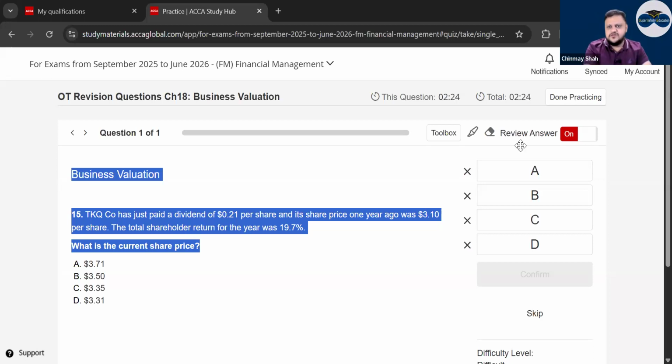I'll give you 2 minutes. Solve it quickly. Draw the timeline if required, because they have given 1 year ago now. Here, what have they asked, share price at the end or share price at the beginning? Read it. End. So quickly solve it.